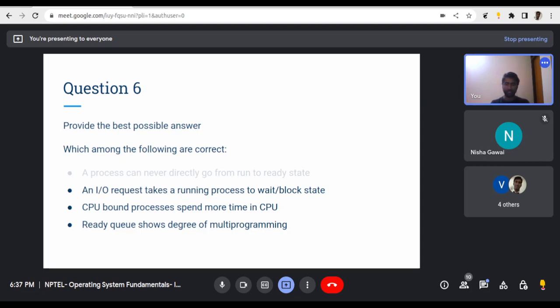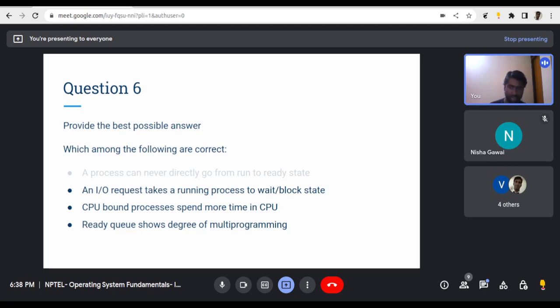The long-term scheduler needs to pick up a proper mix of CPU bound and IO bound processes. If there are only CPU bound processes, then the CPU will be very busy executing tasks, whereas the input output operations will be idle, right?